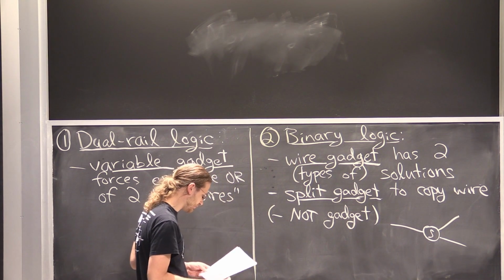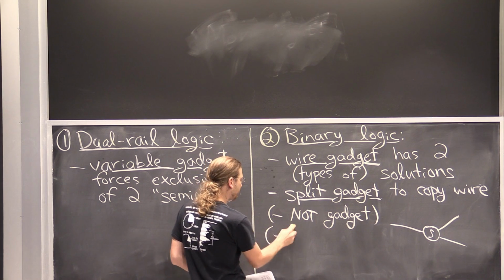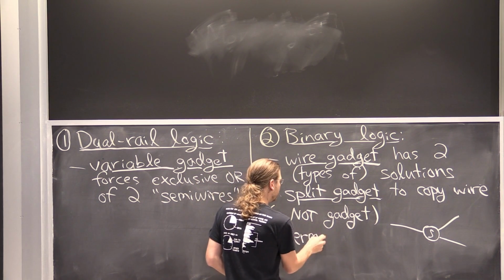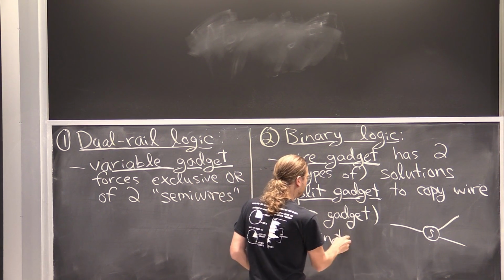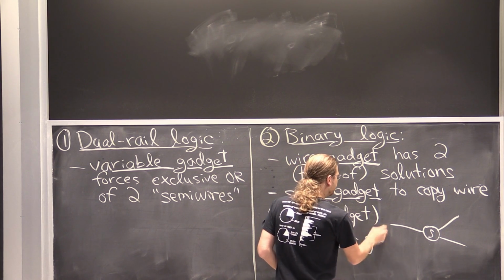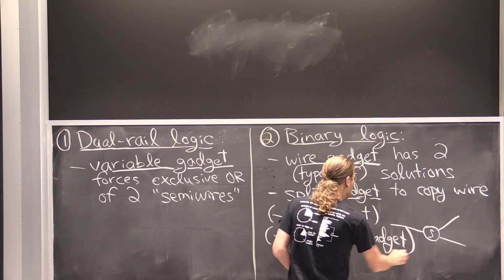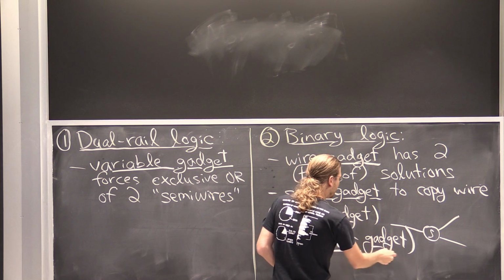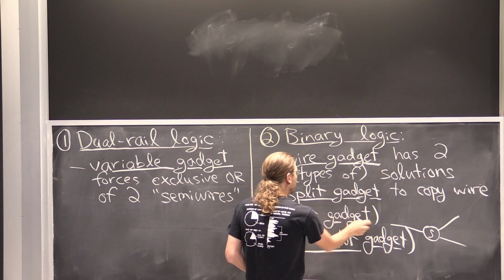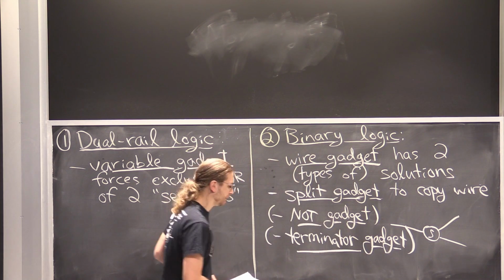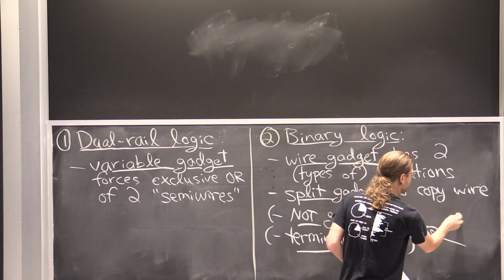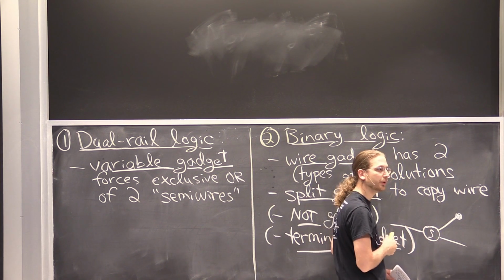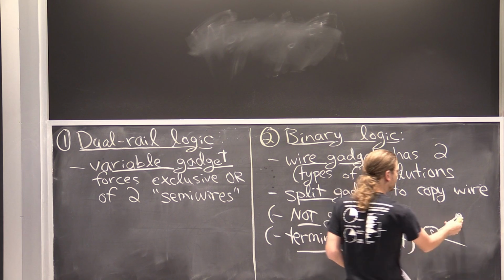In some cases, you also need a terminator gadget in this perspective. A terminator gadget is just the end of a wire, you might say. So if you want to just not use a wire, then you would put a terminator gadget.